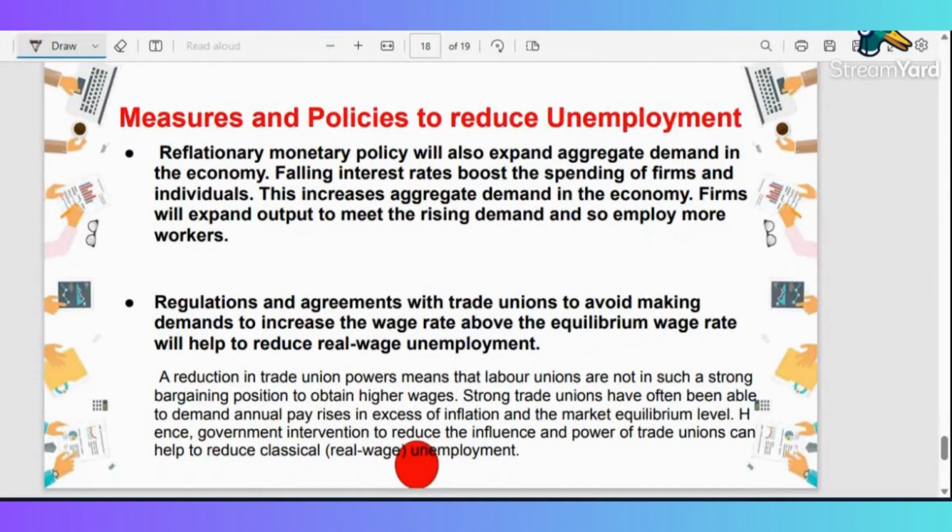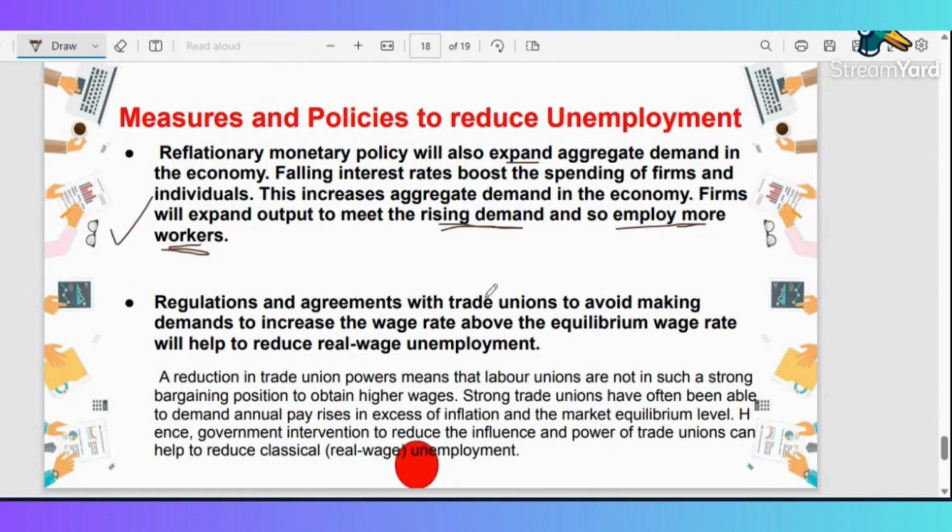It also says that reflationary monetary policy will also expand aggregate demand in the economy. Falling interest rates boost the spending of firms and individuals. This increases aggregate demand in the economy. Firms will expand output to meet the rising demand, and so they will employ more workers, which are the laborers, right?